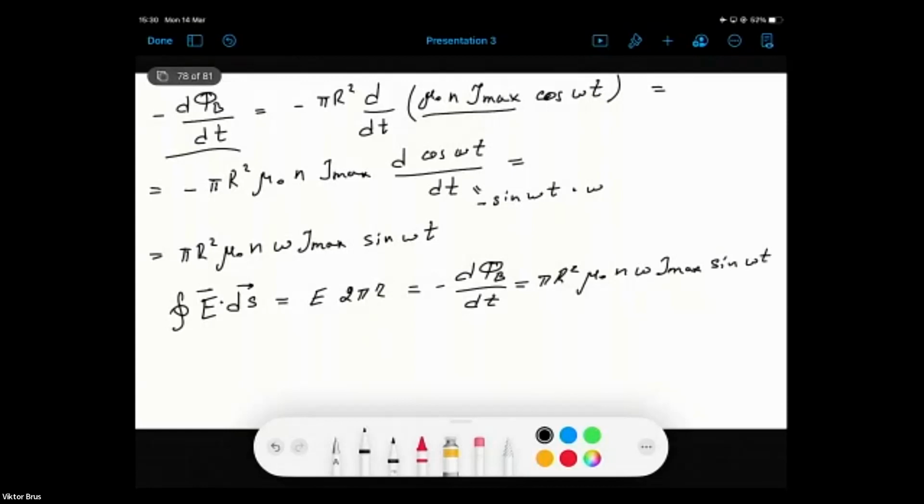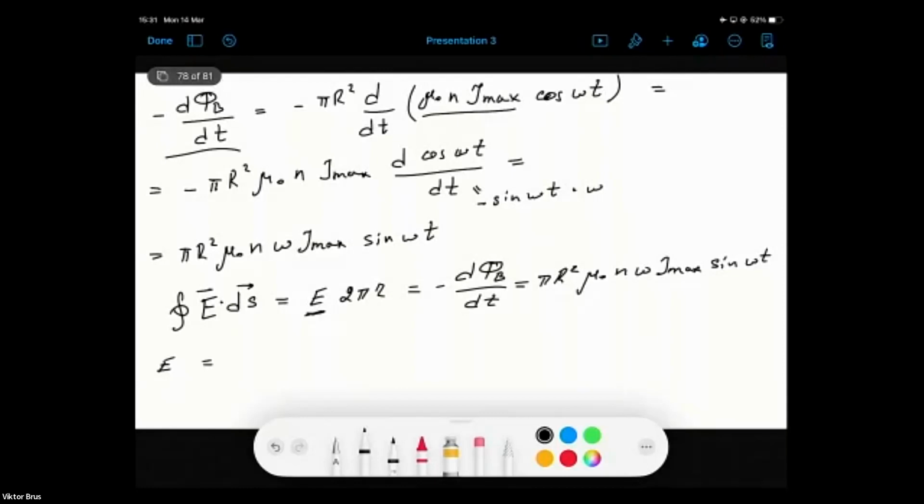So now we can express this induced electric field as a function of distance r from the axis of the solenoid, when r is larger than the radius of the solenoid itself, so in the external space outside the solenoid.